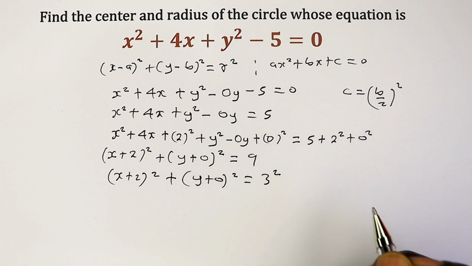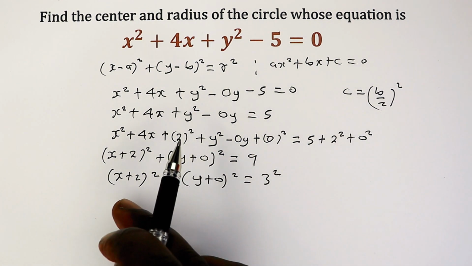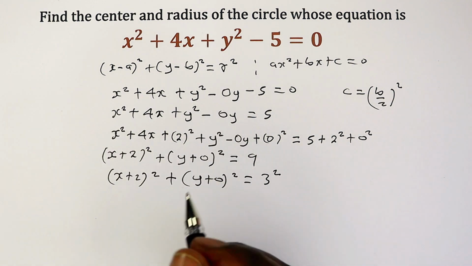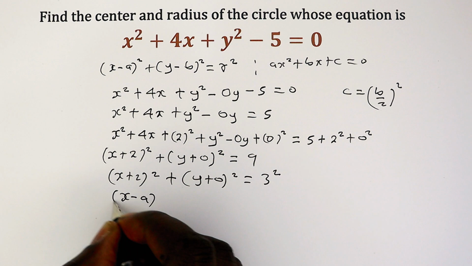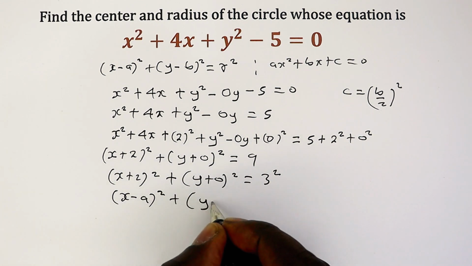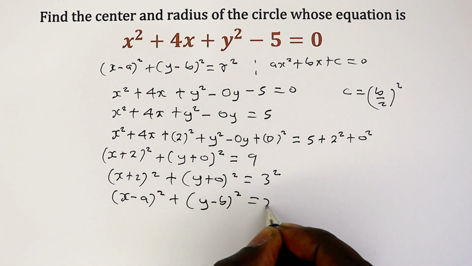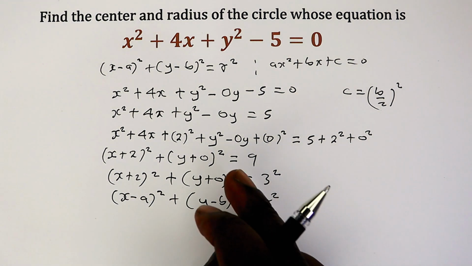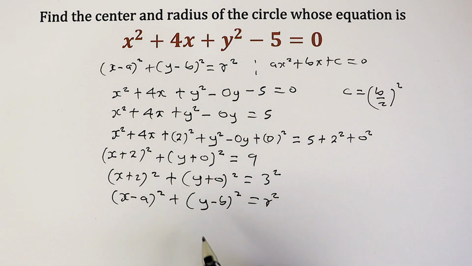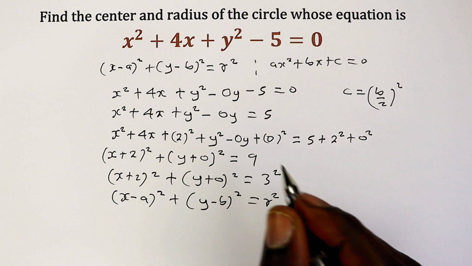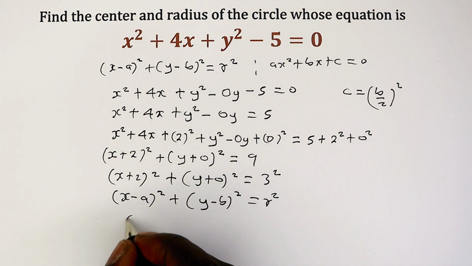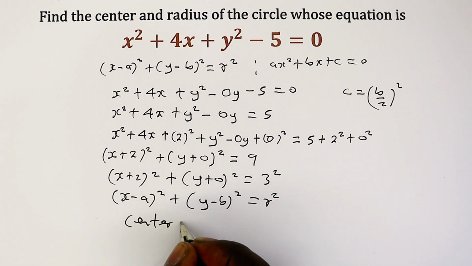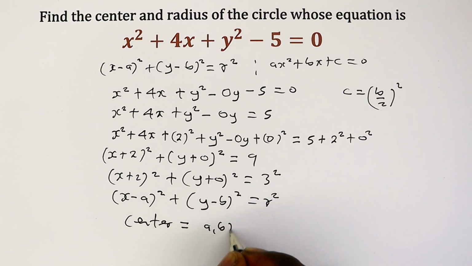Then you write 9 as 3 squared. Then you now compare this with the standard form of the equation of a circle, which is normally (x minus a) squared plus (y minus b) squared is equal to r squared. If this is the case, then the center for a circle like this is normally given by (a, b).